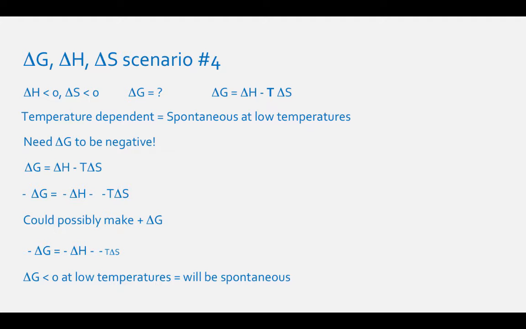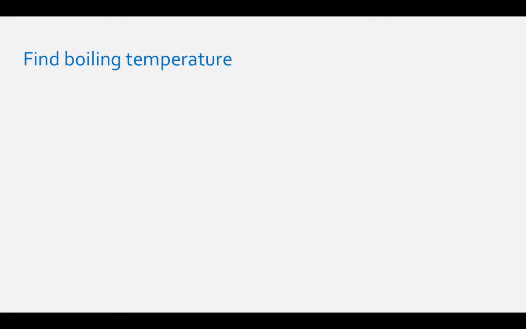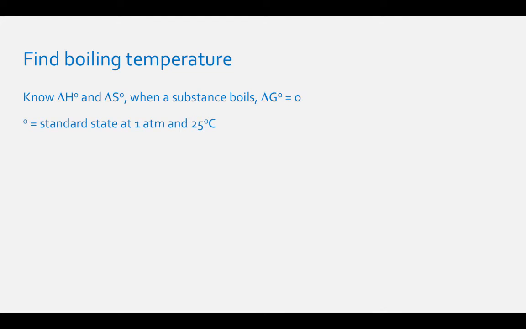To find the boiling temperature for a substance, if you know the delta H naught of vaporization and delta S naught, you can use the fact that when a substance boils, the delta G naught equals 0. All the naught means is that the substances are at their standard states at 1 atm and 25 degrees Celsius.